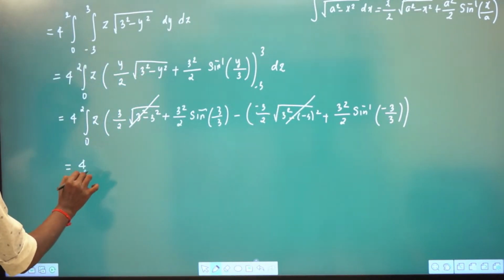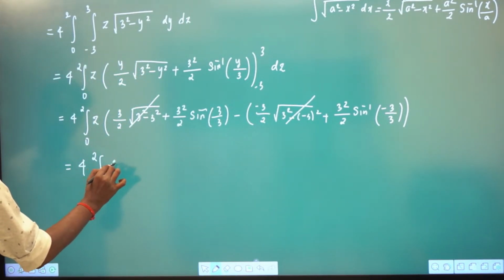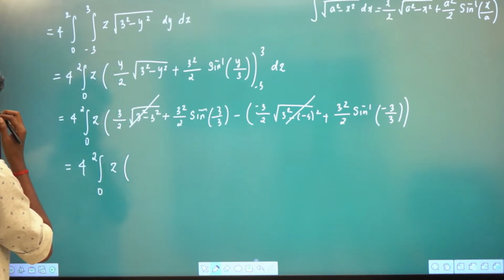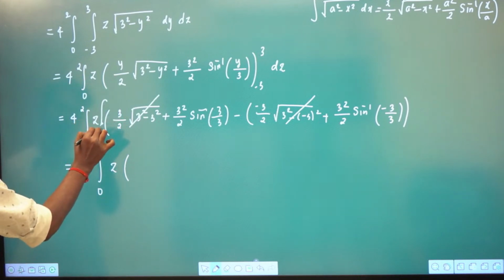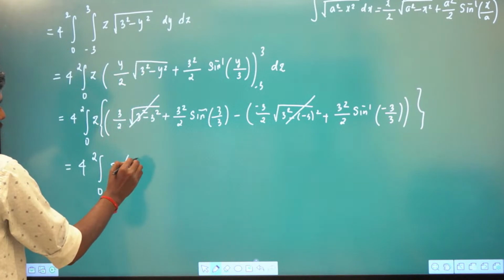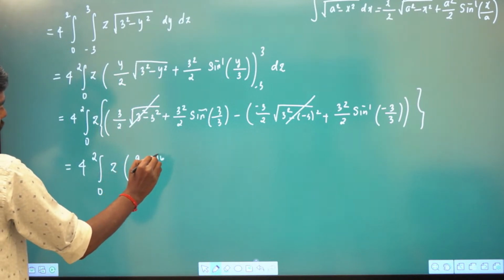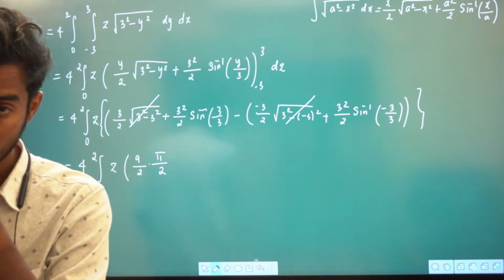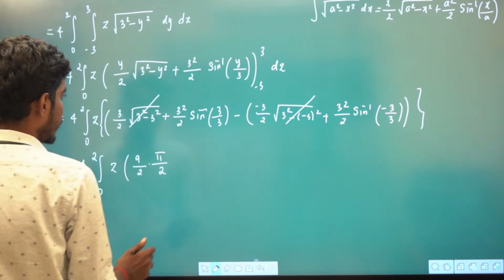So you will have 4 times integration of 0 to 2 z. z is common for both, upper limit minus lower limit. So this will be 9 by 2 times sine inverse of 1, which is pi by 2, right? Sine 90 is 1, so sine inverse of 1 is pi by 2.